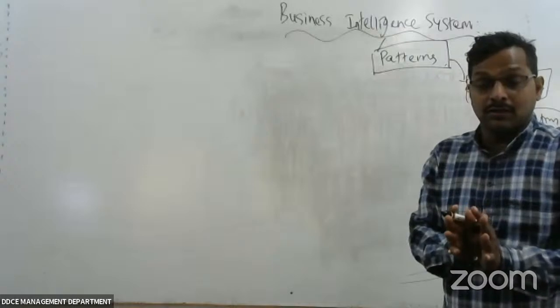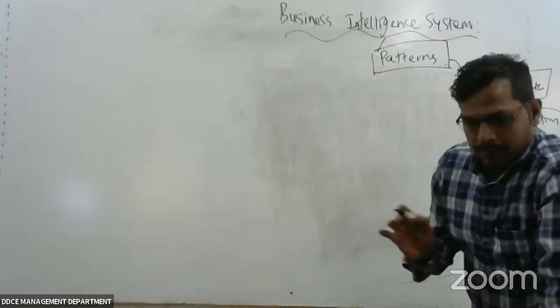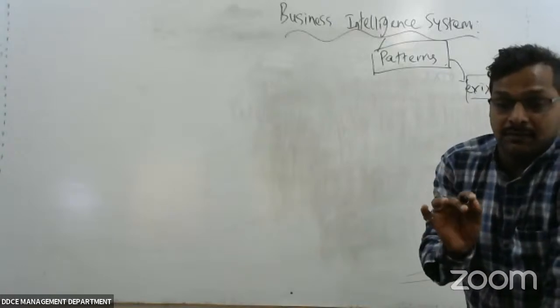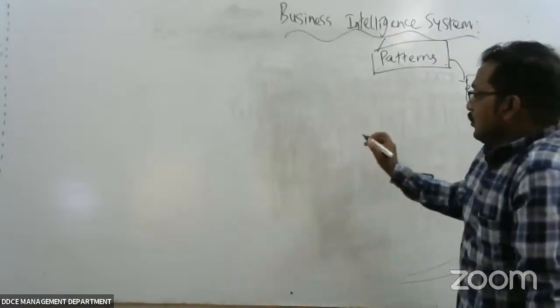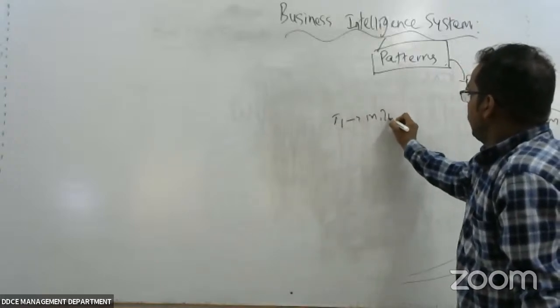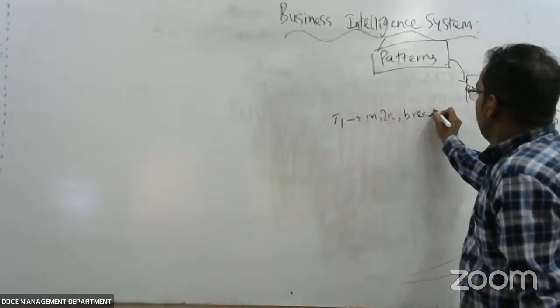So knowledge means what? Suppose we derive it from the buying behavior of 1,000 customers. Transaction 1: the first customer purchases milk, bread, butter.